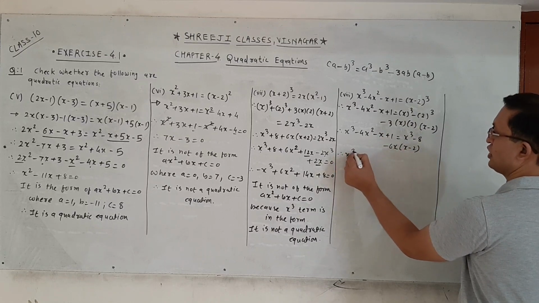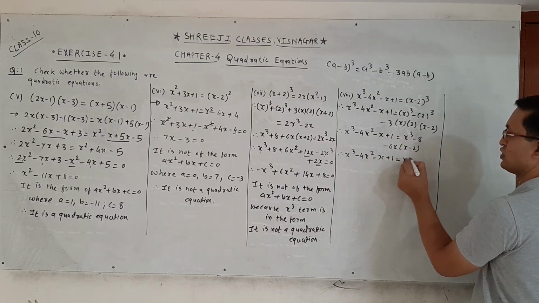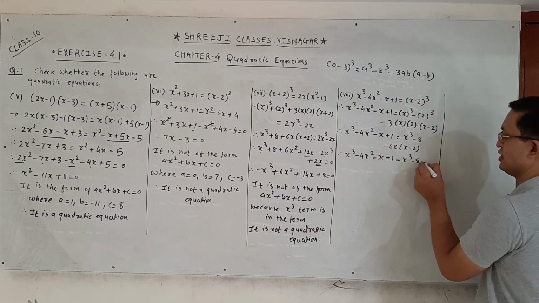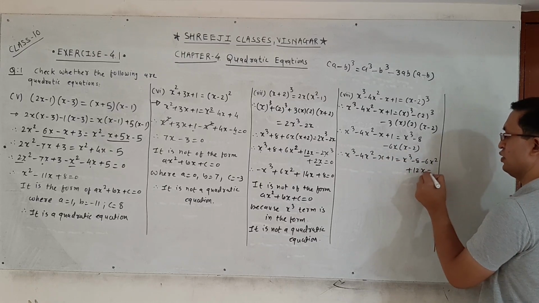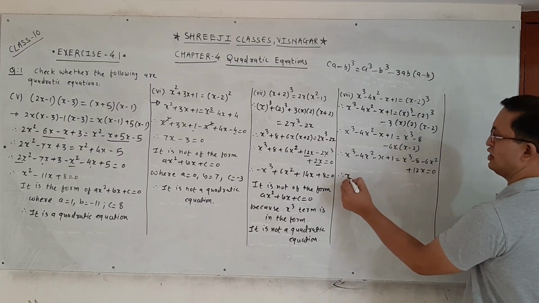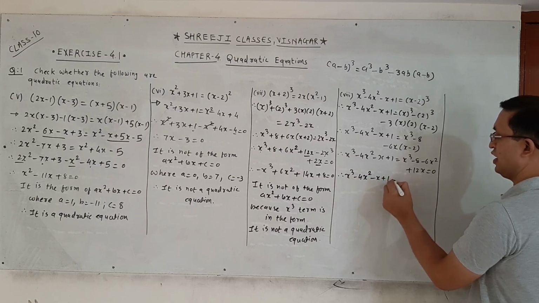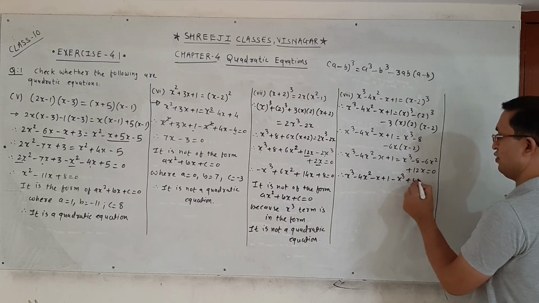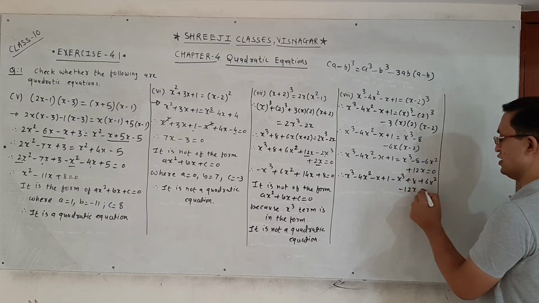That is equal to x cube minus 8 minus 6x square plus 12x is equal to 0. All terms transposing right side to left side, that is equal to negative x cube, positive 8, positive 6x square, negative 12x is equal to 0.